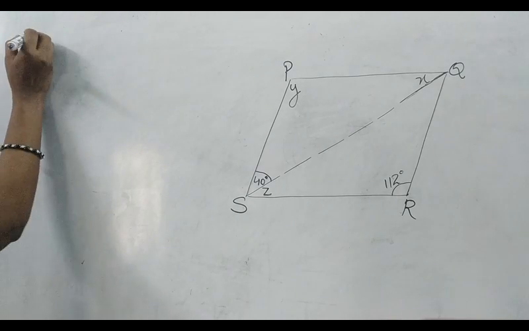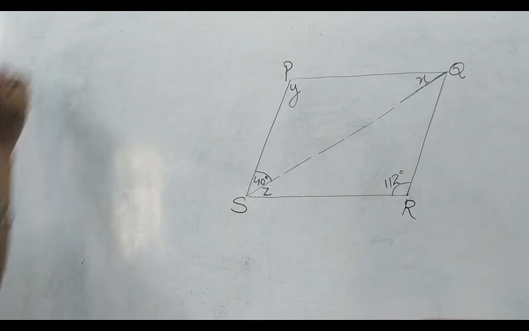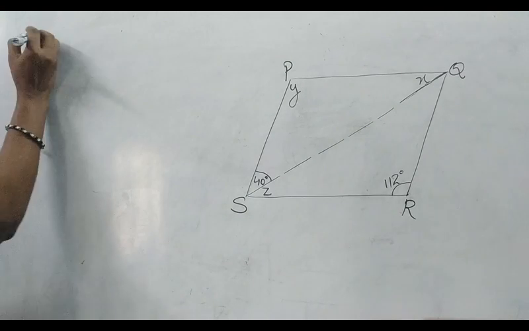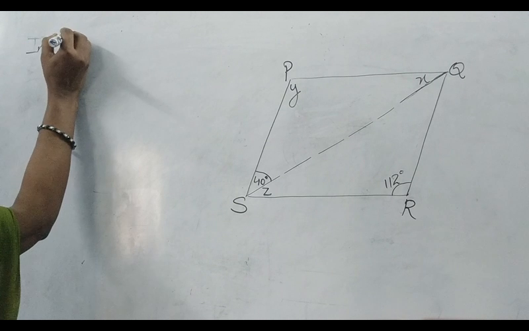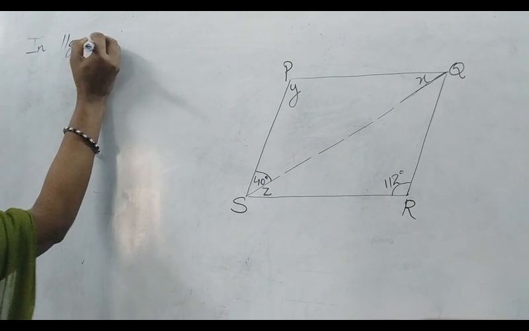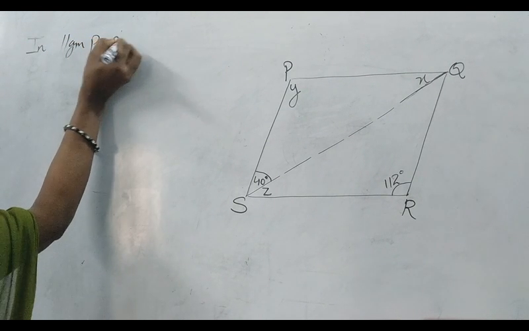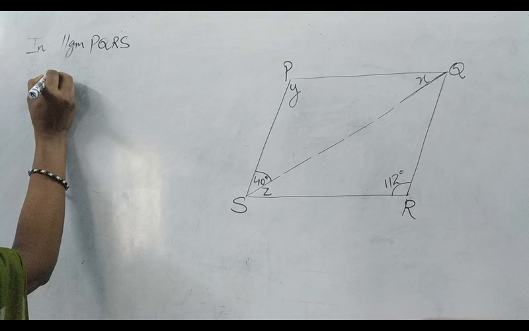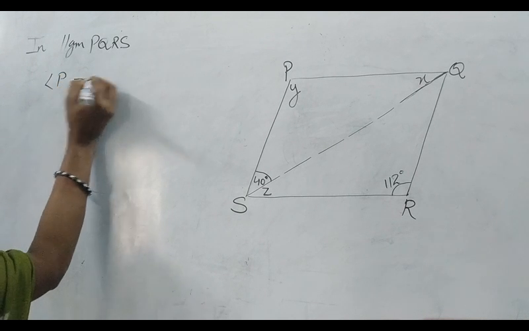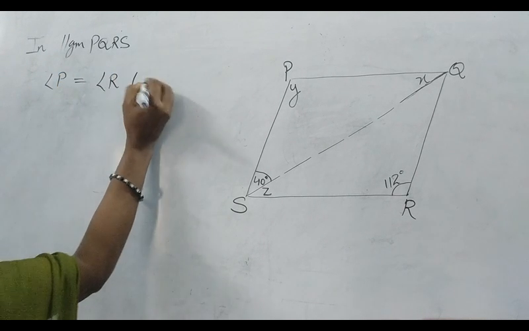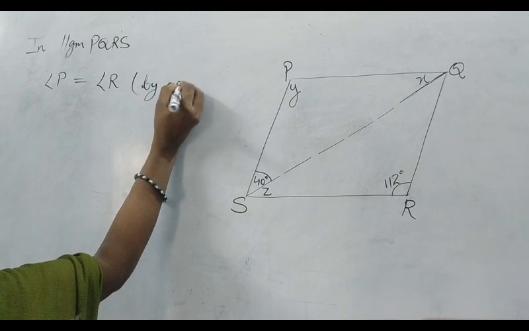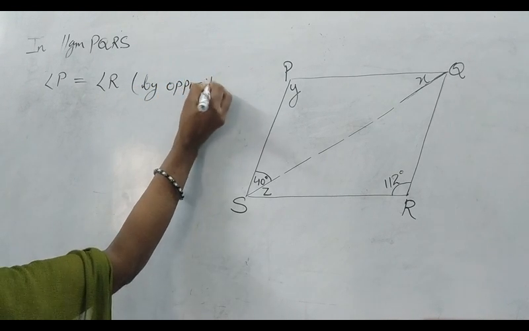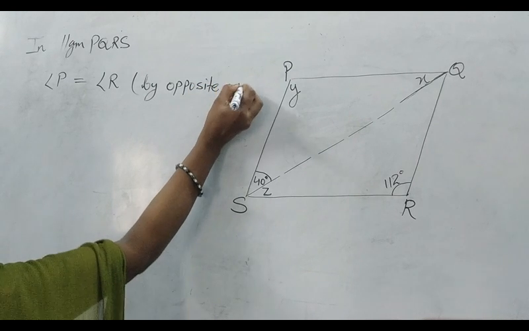So first of all, in parallelogram PQRS, angle P is equal to angle R by opposite angles.